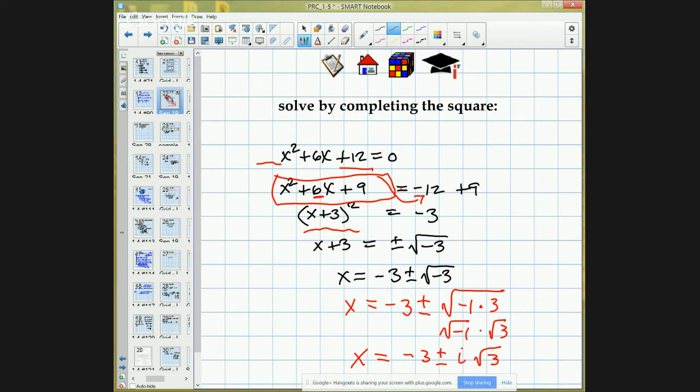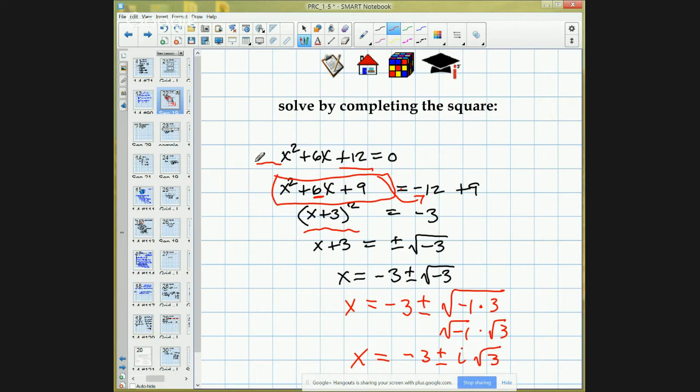So the only reason I really put this up was for review, and then to note that now we can proceed and actually write those things down, and we can make good use of them. And the good news is all this i stuff follows the same rules that we've learned for real numbers.